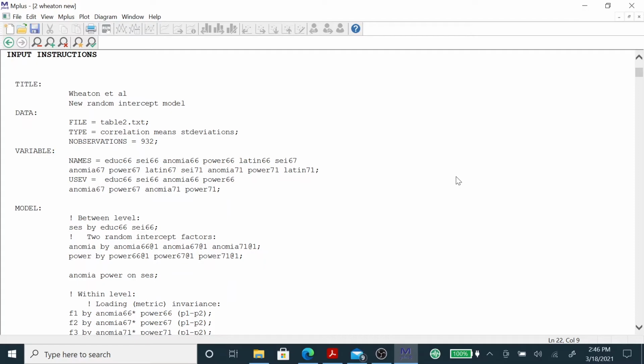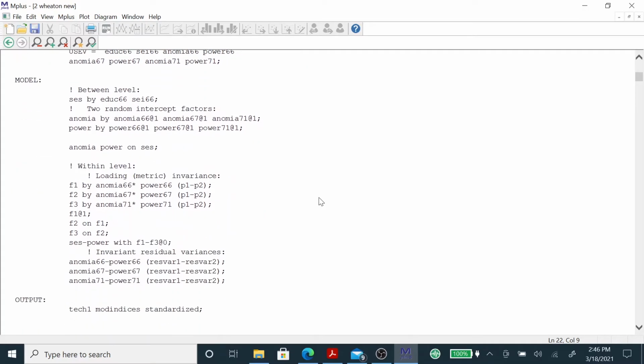Let's look at the input instructions. So I put a couple of comments in here. I distinguish between the so-called between level and the so-called within level. Again, this is not a two-level analysis, it's a regular SEM. So on the between, that is in the left part of the picture, we have the SES factor measured by education and SEI as before. And then we define 2 random intercept factors, and they are anomia and power.